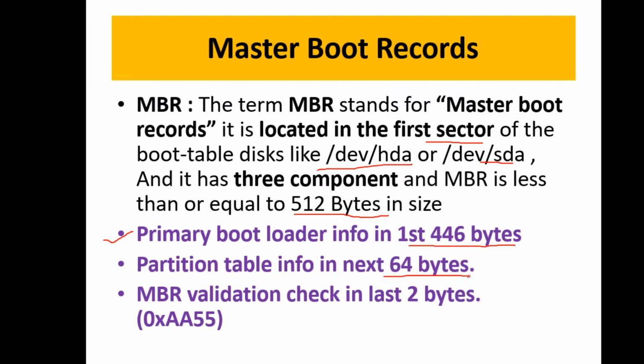Then the remaining 2 bytes are used for MBR validation, which plays a vital role in the booting process. These 2 bytes will be occupied with the value 0x, where x is hexadecimal, AA55. This is the magic number that is loaded in the last 2 bytes of the MBR.